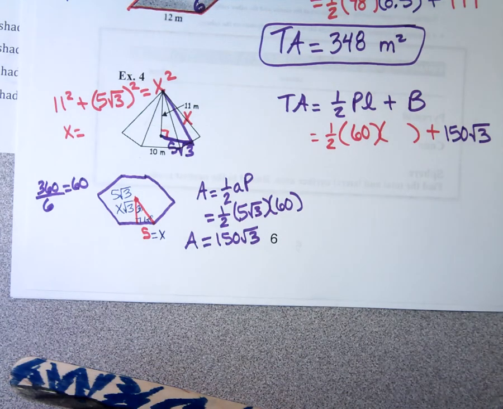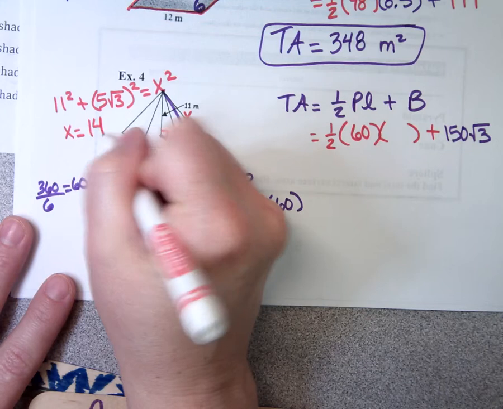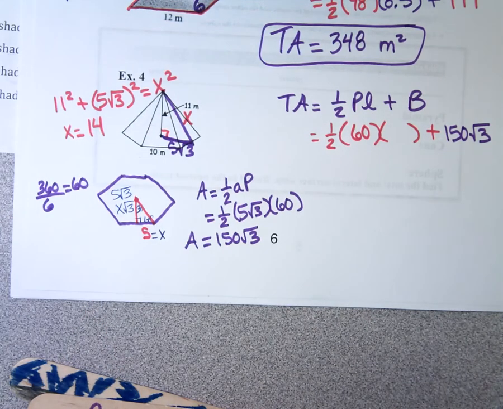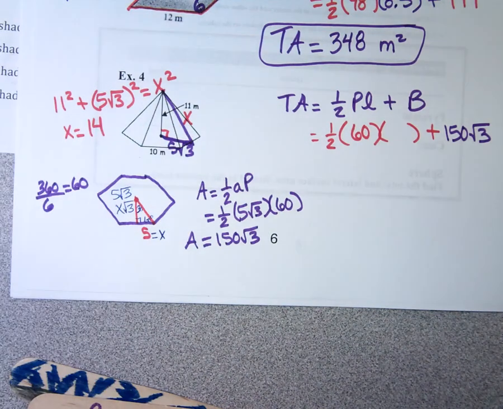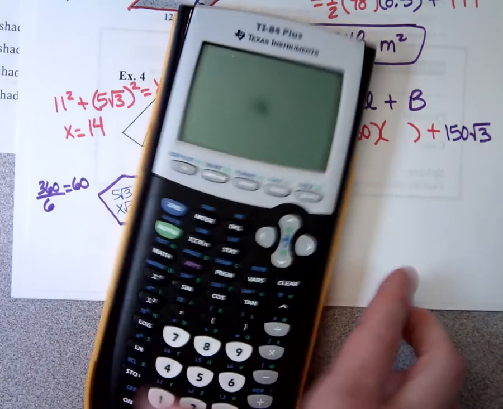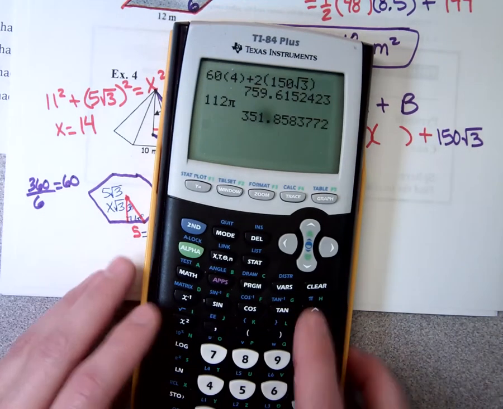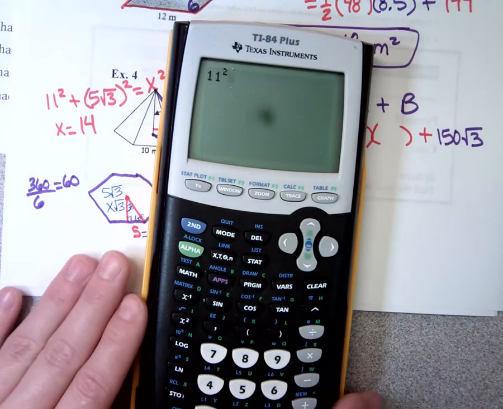Angelica? It is 14. So, I could talk about it by hand, or I could talk about it with a calculator. What would you prefer? Is anybody else struggling getting to 14? Okay. So, in my calculator, the 11 squared I don't really have to be particular about.